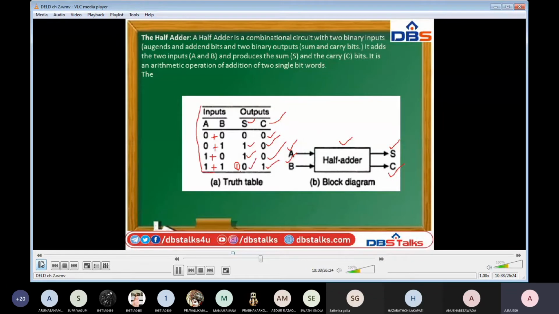All this table we call a truth table. We need to draw a truth table for each and every circuit.